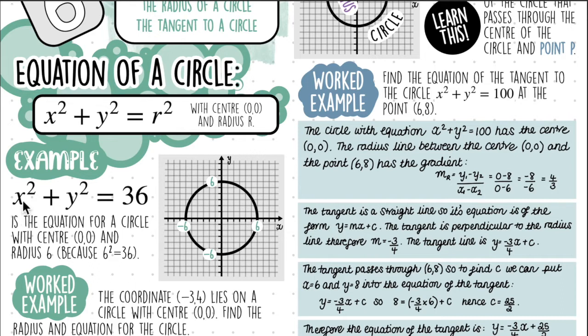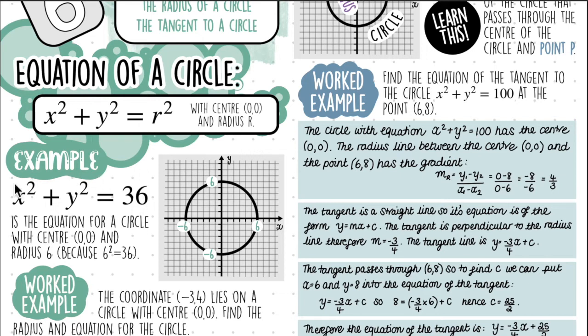So if we were given the equation x squared plus y squared equals 36, first you can see that this equation is that of a circle with centre 0, 0 and r squared is equal to 36. Now if r squared is equal to 36, then r must be equal to 6, since 6 squared is equal to 36.